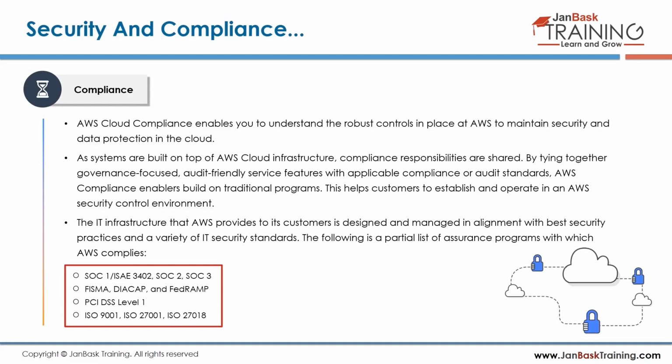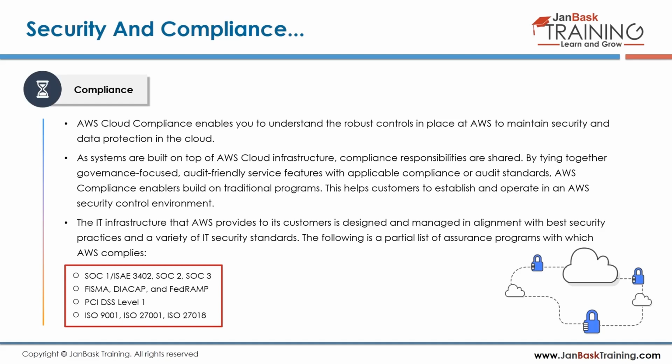If you want to do that for your own data center, you have to pay auditors a huge amount of money, right? But in AWS, because they're running each and every kind of workload, they ensure they are certified to each and every certification that is out there. It's not like pick and choose. They go out there and they say, okay, we are going to meet each and every certification, no matter how hard it is to achieve.